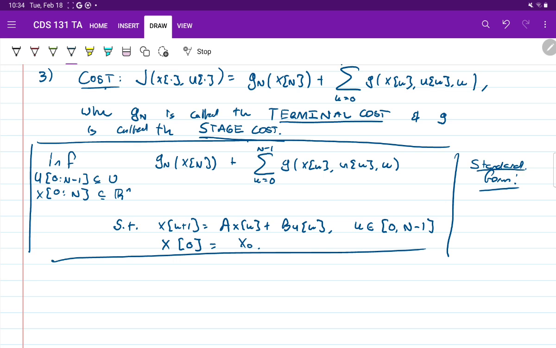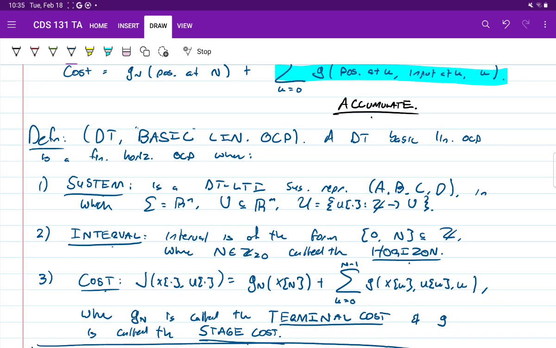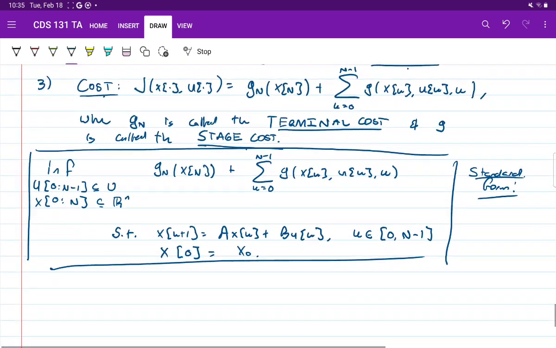I know this does look a little different from what we talked about before. Earlier, when we were defining these general finite horizon optimal control problems, we said that you plug your state transition map directly into the cost function. Now, I'm sure you can see why that might not be the most transparent thing for our problem. It turns out that, now that we have this nice structure, our problem is easier to read, and we can tell what's going on more easily if we expand it in this extra form.